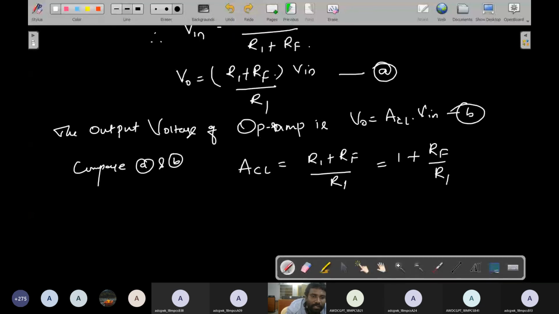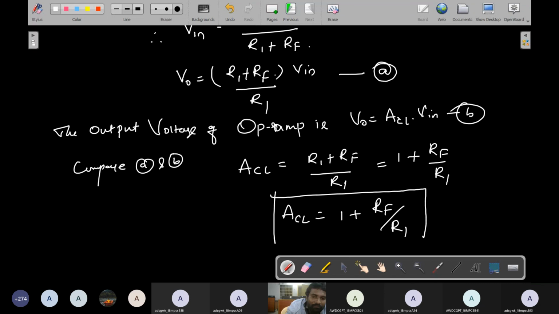Therefore, ACL, the gain of the non-inverting amplifier, is nothing but 1 plus RF divided by R1. Understand? This is the final expression of the gain of the amplifier. This is the derivation of the gain of the operational amplifier.